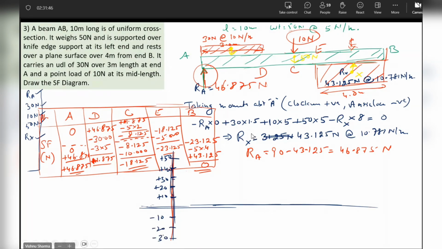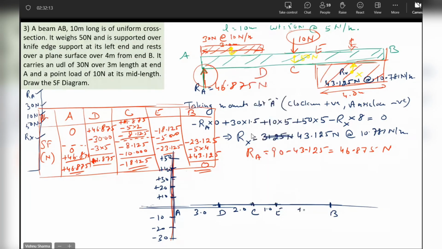Let me put the points first. At A, and then 3 meters from A, you have D. This is 3 meters. Then 2 meters from D you have C. 1 meter from C you have E. And 4 meters from E you have B. So this is 3, this is 2, this to the scale, right?